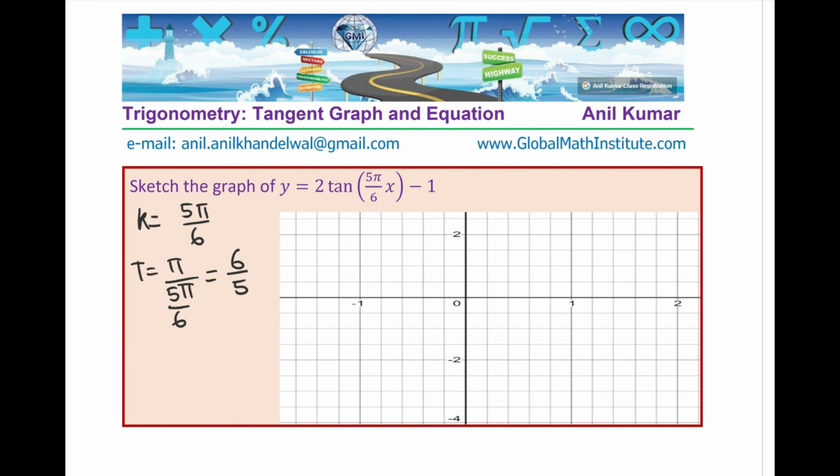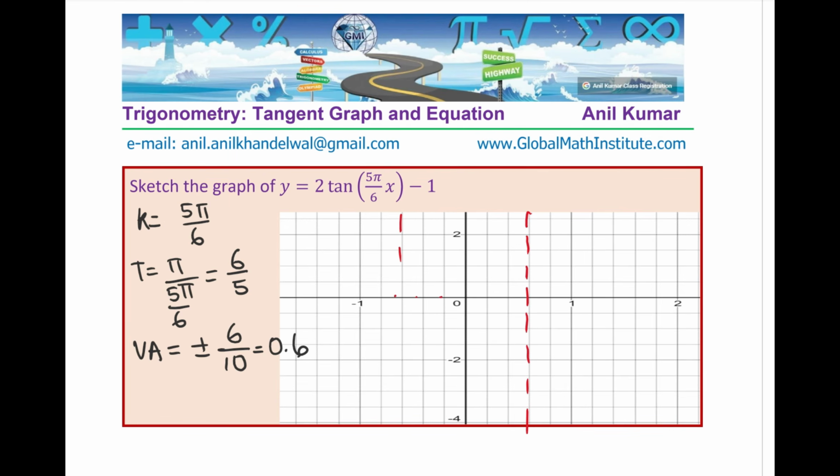Now, from here, we know that the vertical asymptotes should be at plus and minus half of this value, which I can write as 6 by 10 or 0.6. So we are going to sketch the vertical asymptotes at 0.6. Do you see how simple it is?